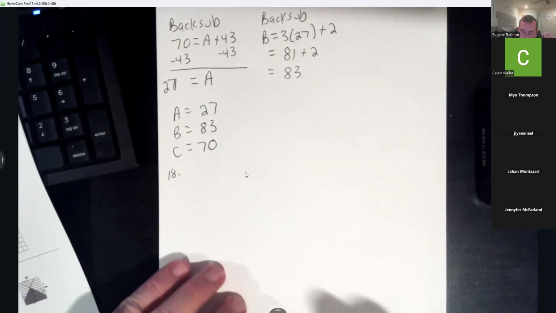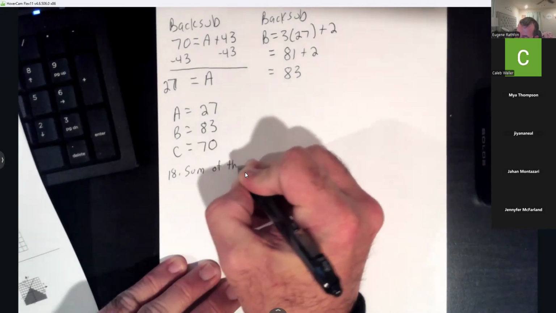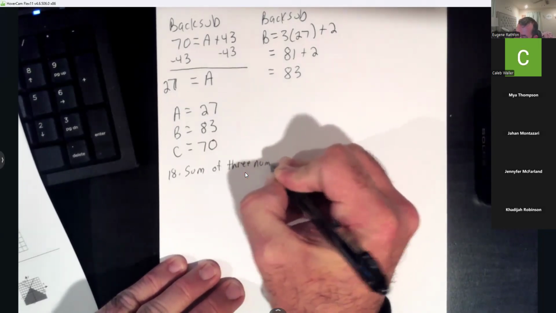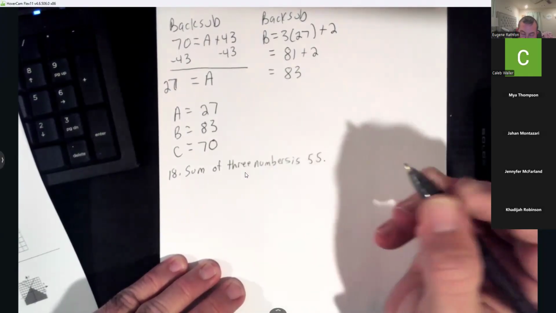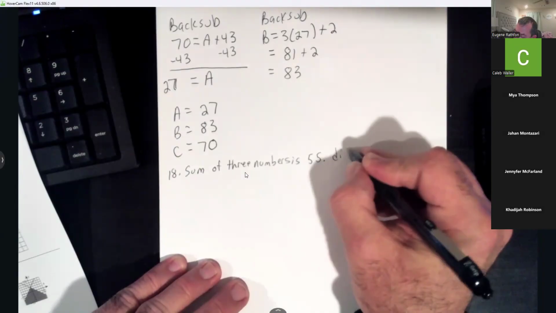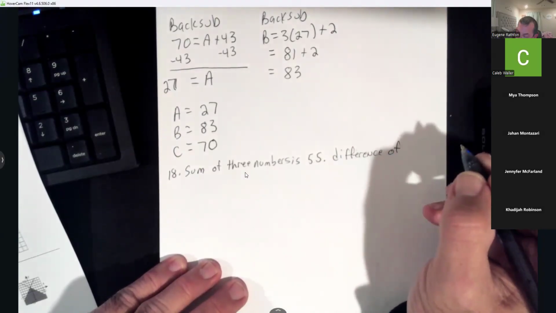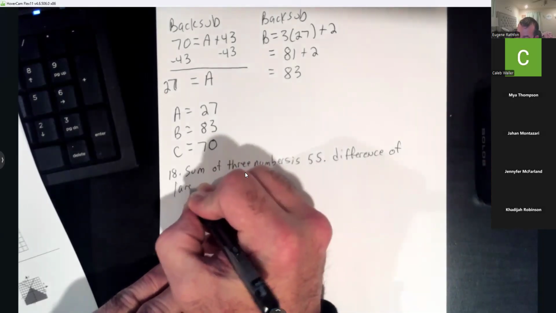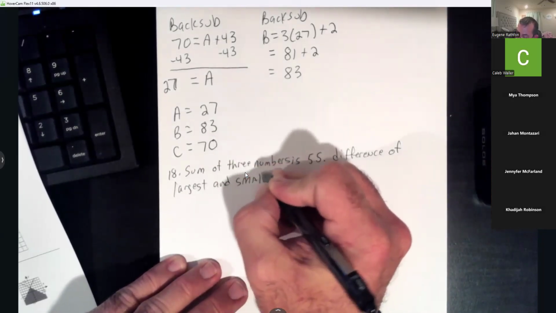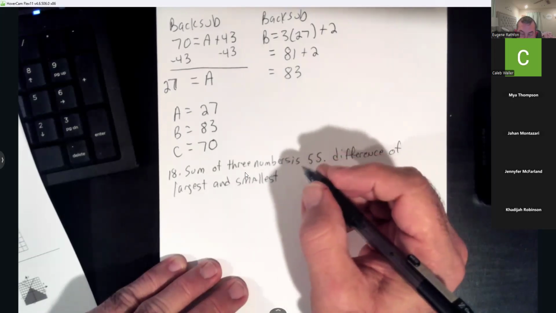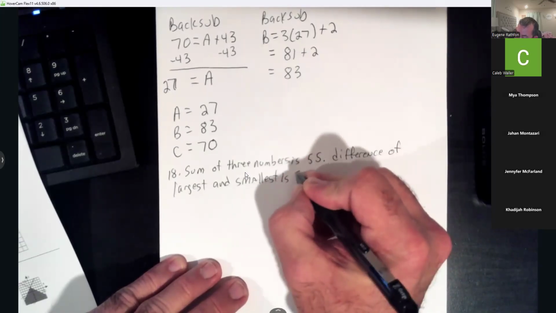All right. Oh, y'all, look here. Another system. The sum of three numbers is 55. Difference of the largest and smallest is 51.